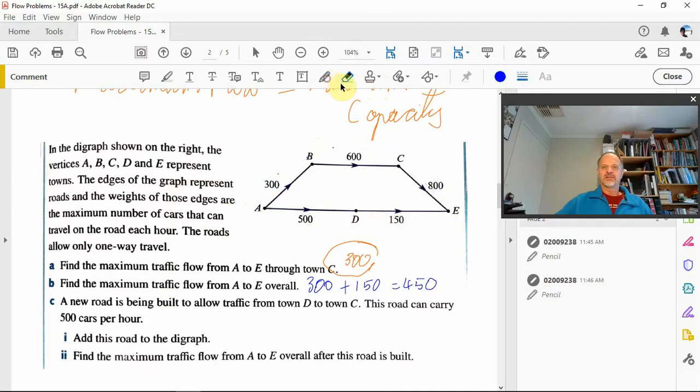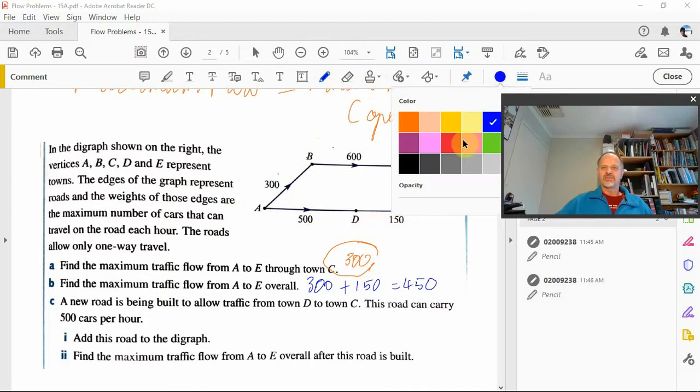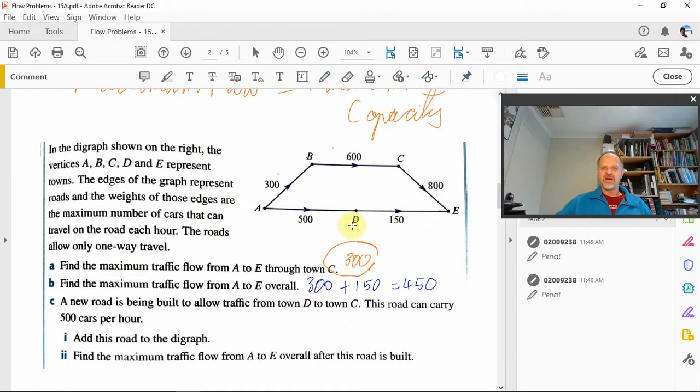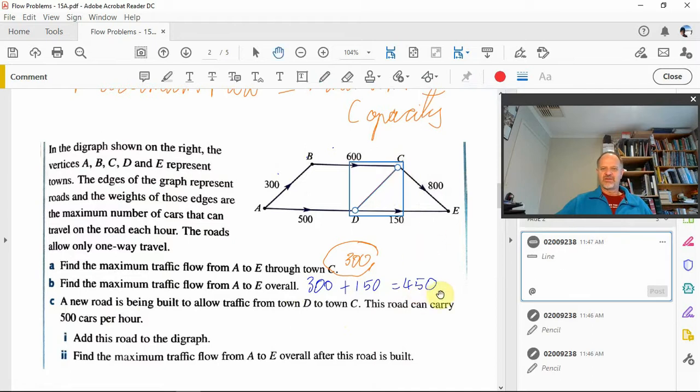All right, let's see if I can be tricky again and change my colour. I'm going to go black here because I'm going to add the new road. A new road is being built to allow traffic from town D to C. This road can carry 500 per hour. All right, let me draw a line from D, add this road to C.